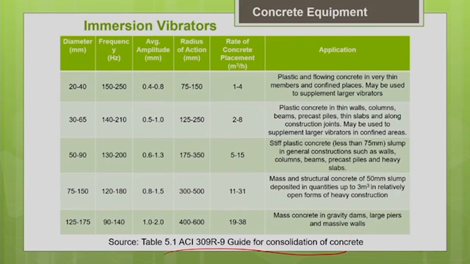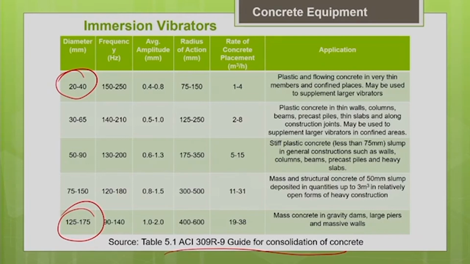There are different types of vibrators available, with diameter ranging from 20 mm to 175 mm. So, there are a lot of options available. Depending upon the thickness of your section and the placement rate needed, you can go for the particular diameter of your vibrator.